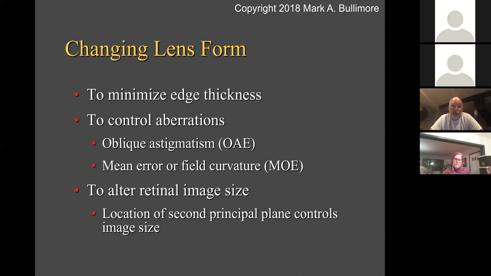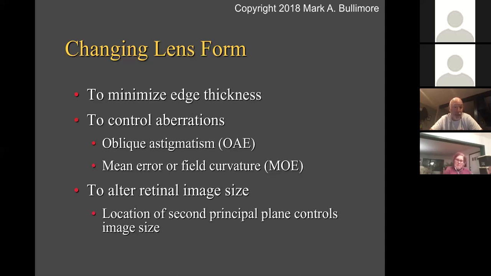And the third reason we might manipulate lens form, if we've got a patient with aniseikonia, is to alter the retinal image size. The reason that alters the retinal image size is because it's the location of the second principal plane that determines the image size for a given lens. Remember, the back vertex power, or the divergence of light leaving the lens, is important in terms of correcting the refractive error.